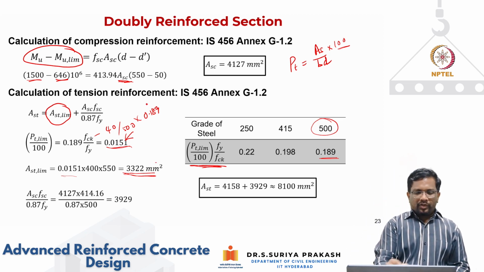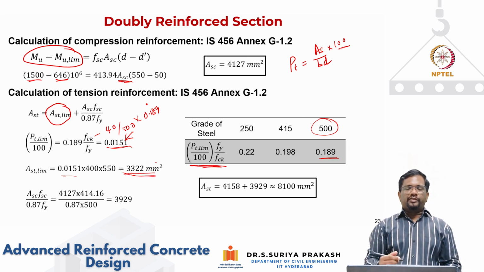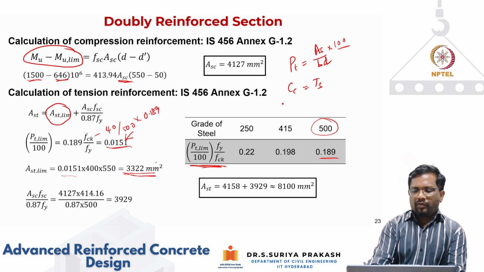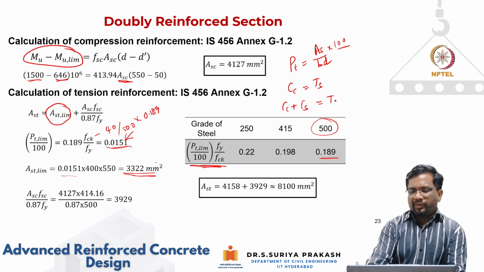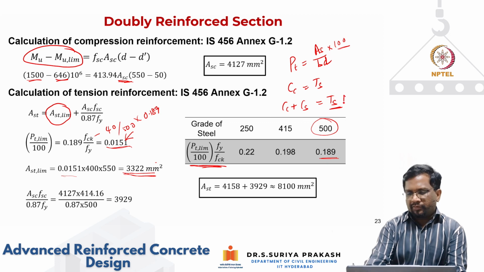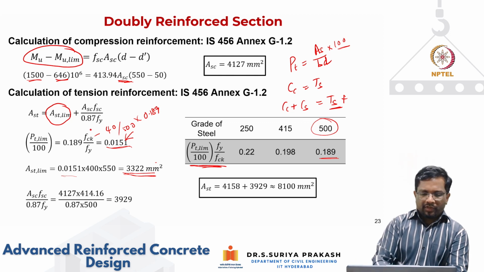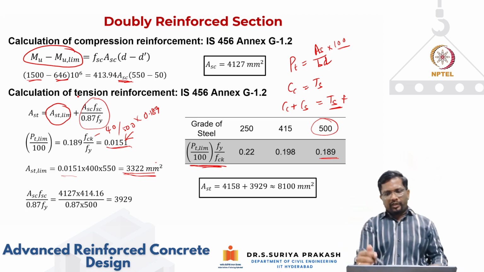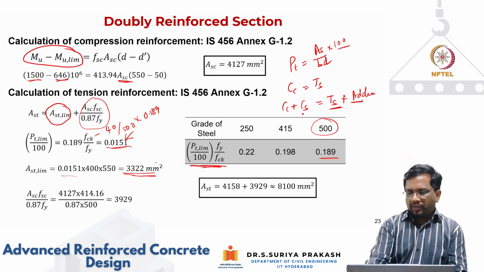Now you see, is this system in horizontal force equilibrium? Is it satisfied? Previously we had Cc equal to Ts. Now, in addition to that, I have also put Cs, compression steel. Ts remains the same. So if I put Ast of only 3320, I need to put some additional force from tension. Previously this should be equal to this.